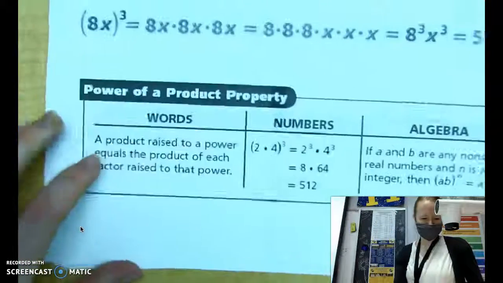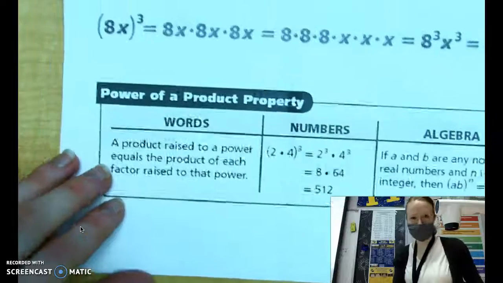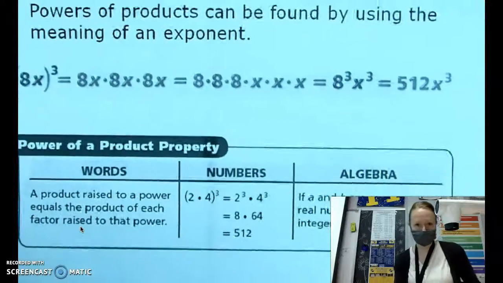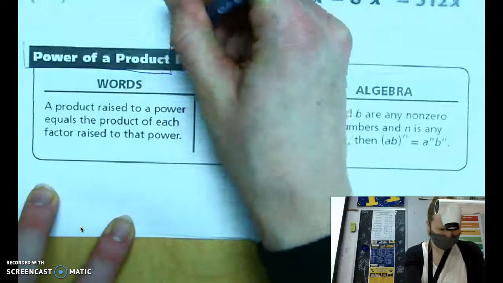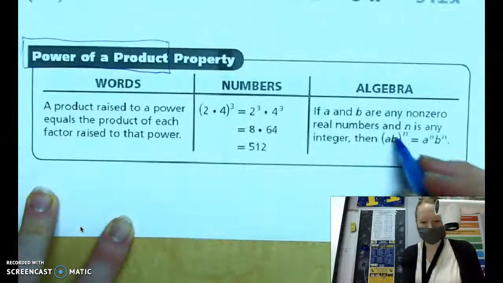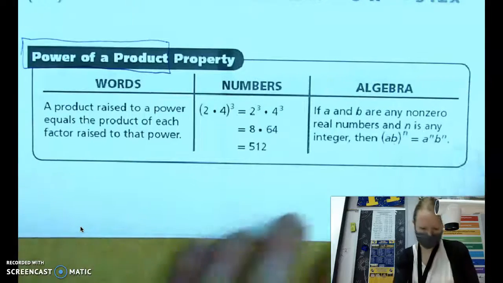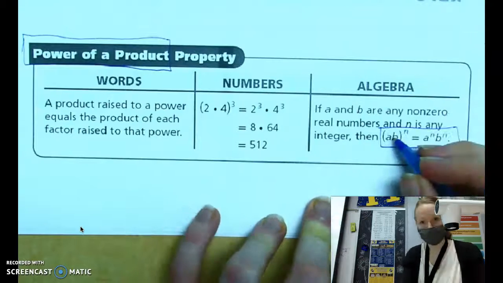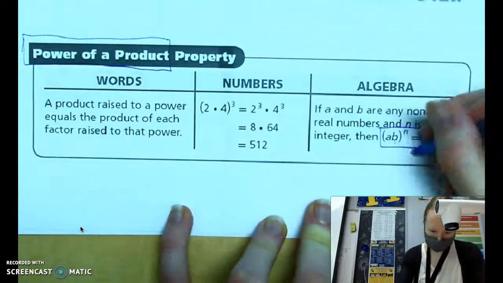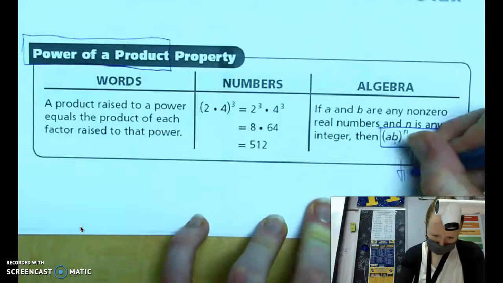Okay. Last thing we need to talk about is a power of products, and this is what Brant was talking about. We're just going to skip right to the power of a product. It's this idea of distributing the n to both terms. Do you see how if you have a product in the parentheses, you're going to sort of distribute the exponent?